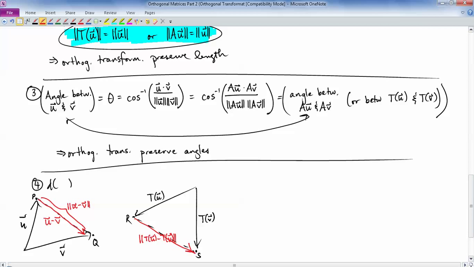But let's do it using the stuff that we've been practicing in class anyway. So the distance between, let's look at R and S, because that's going to use the uglier terms. The distance between R and S is really the magnitude of TU minus TV, which is really the magnitude of AU minus AV.